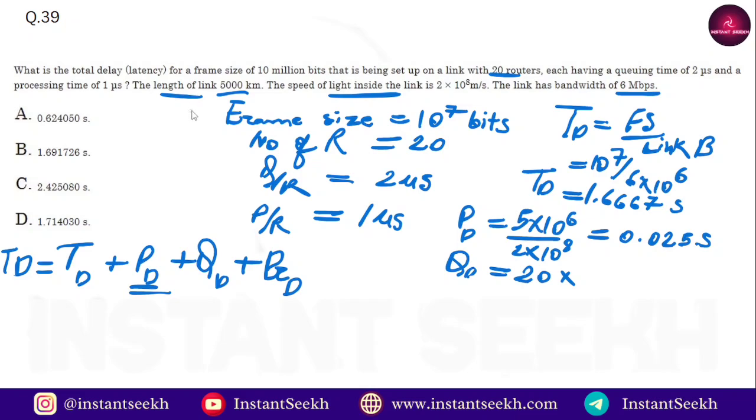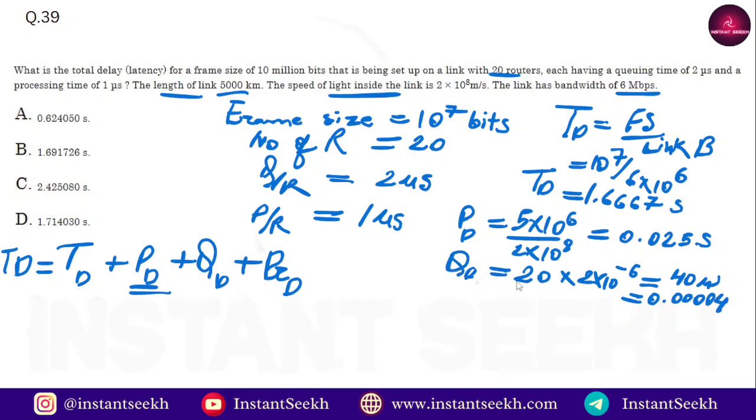We are calculating queuing delay, so it will be number of routers into queuing time per router, that is 2 microsecond. We can write 2 into 10 raised to minus 6. This will give you 40 microsecond, which you can write as 0.00004 seconds.